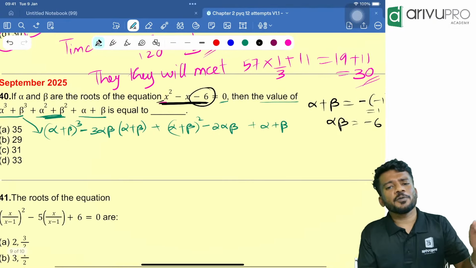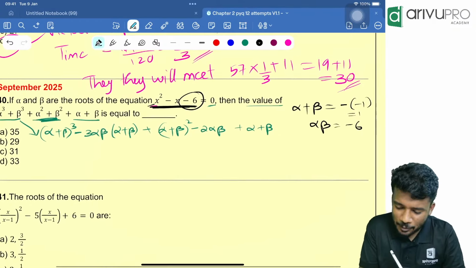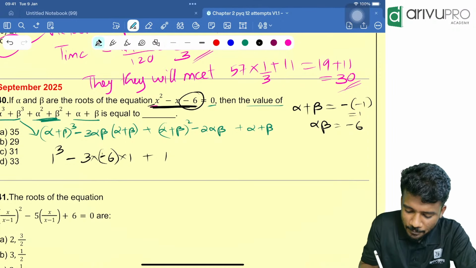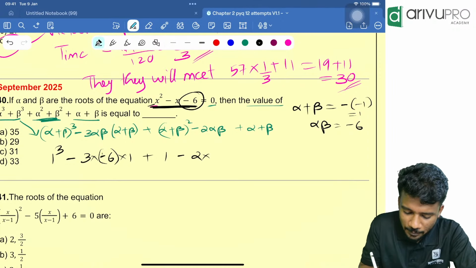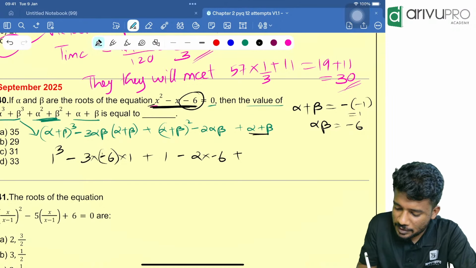People, put that over here and get me the answer. Alpha plus beta the whole cube is equal to how much? 1 cube, that is 1, minus 3 into minus 6 into 1, plus again 1 square minus 2 into alpha beta, which is minus 6, plus alpha plus beta, which is 1.